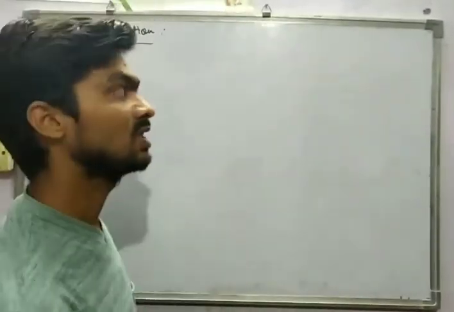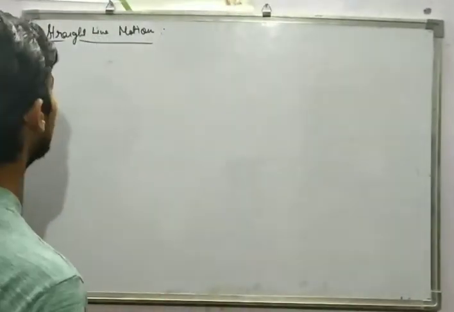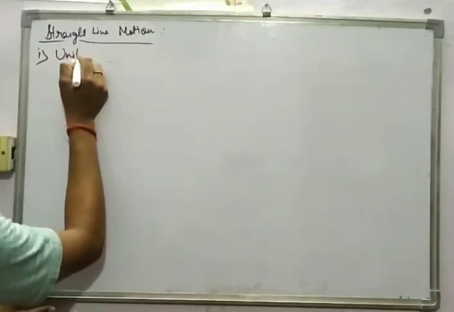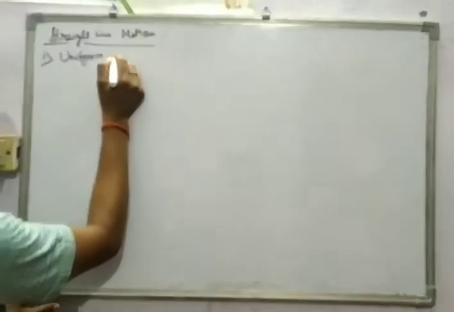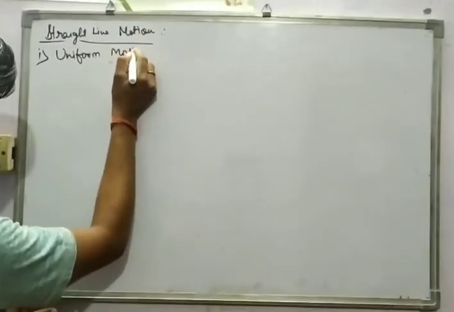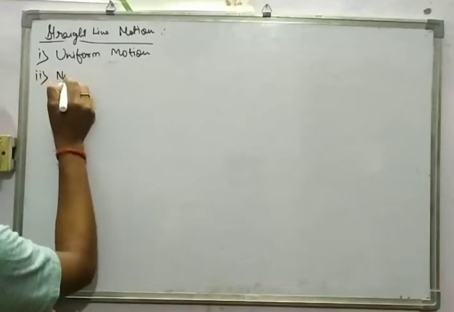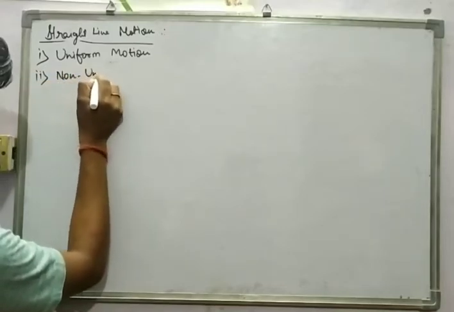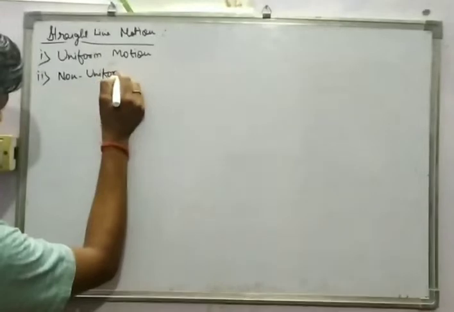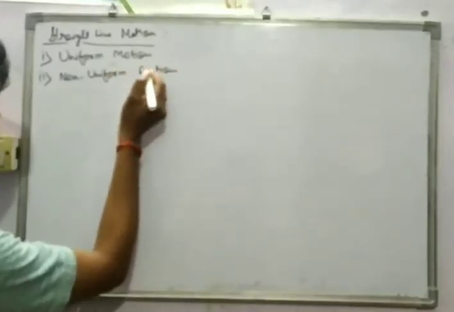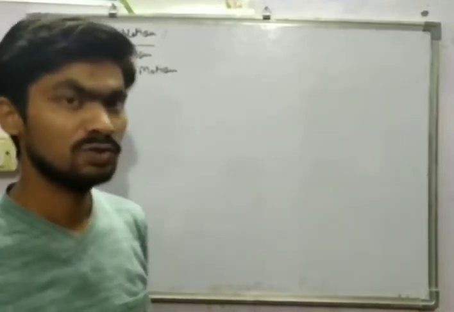In this we have to study first, uniform motion, and the second one, non-uniform motion. There are two words, one is uniform, one is non-uniform.